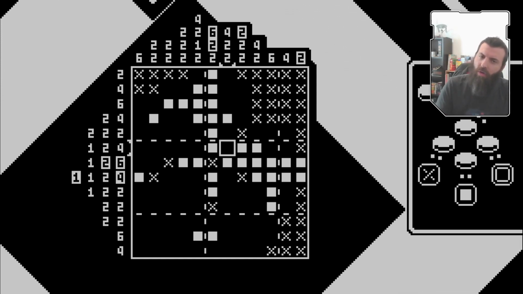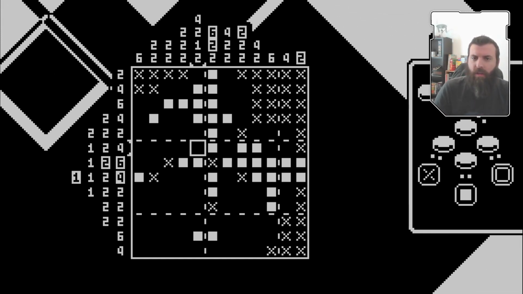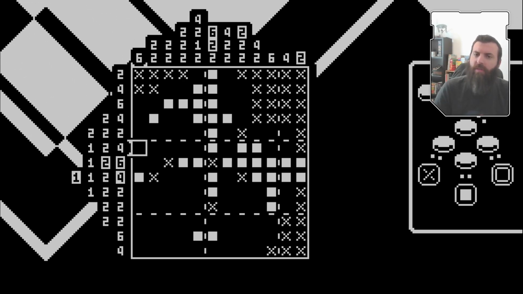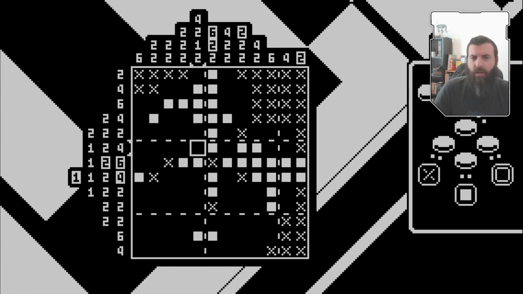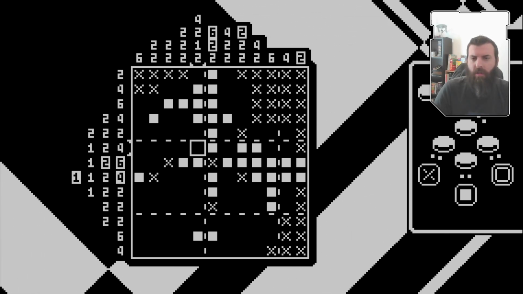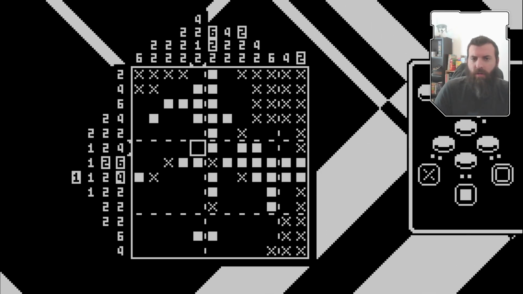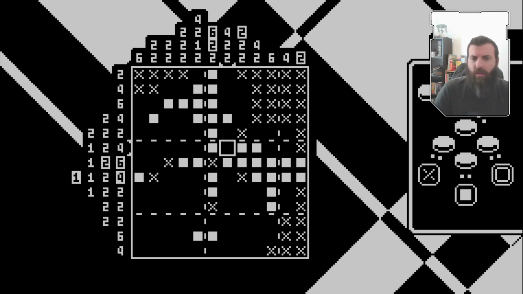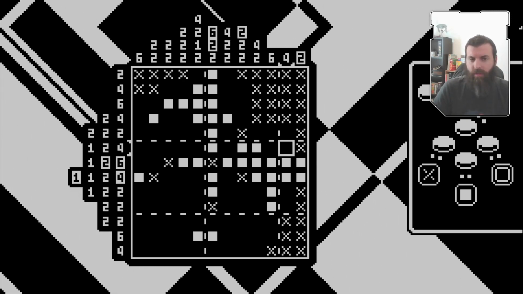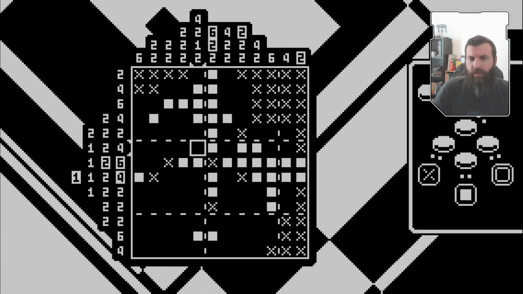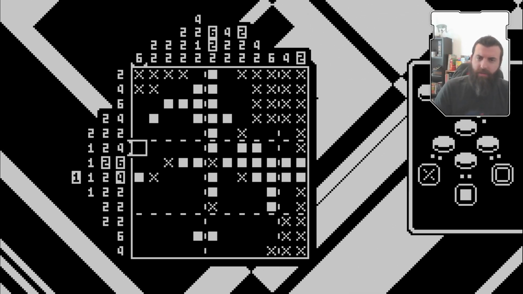This pixel could be filled in. Still have just enough room for a 2. One over here. Or it could not be. The 4 could reach over to here. This has got pixels.